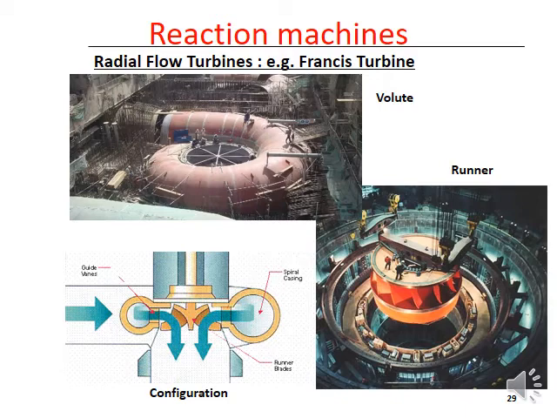Now, what is shown in this slide is a radial flow type turbine. You can see this is the spiral casing or the volute that we discussed before, like in a centrifugal pump. Water enters through this and flows around, and then enters through the runner.